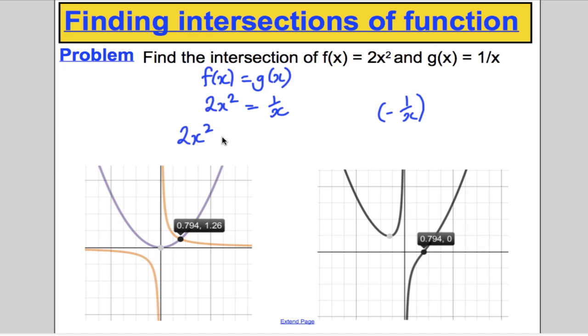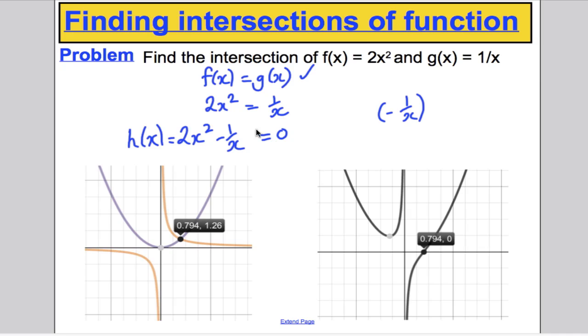This would be equivalent to solving the following: 2x squared minus 1 over x is equal to 0. This here is now a new function. Let's call it something like h of x. Solving f of x is g of x is equivalent to solving this new function equals 0, i.e. locating the root of that function.